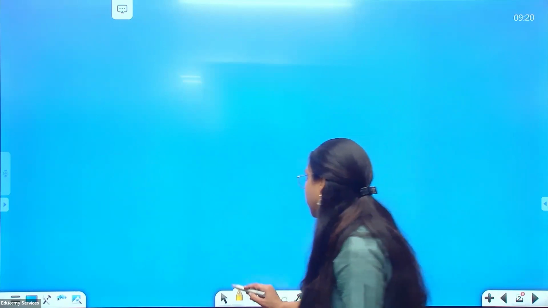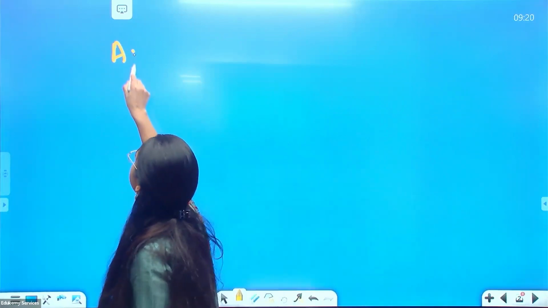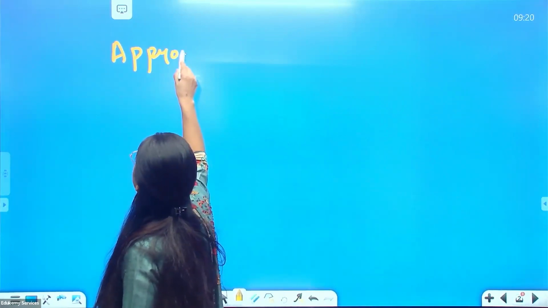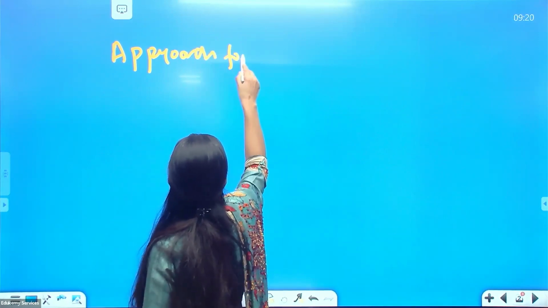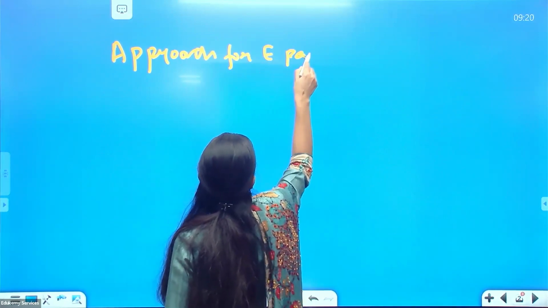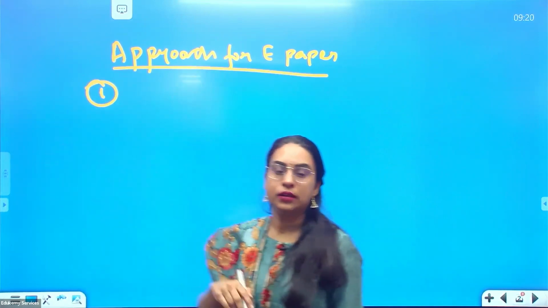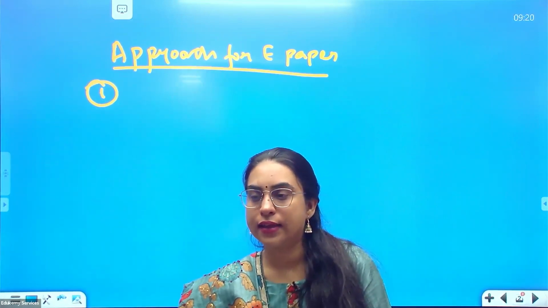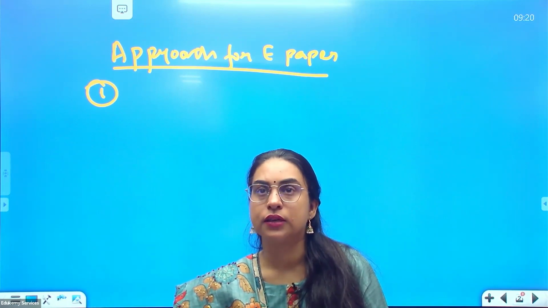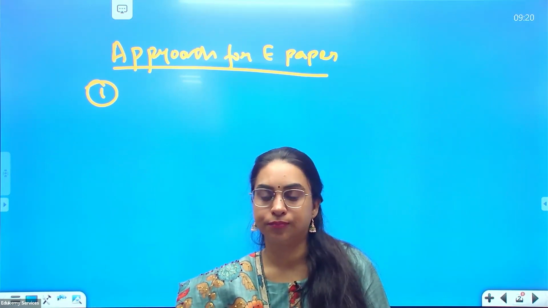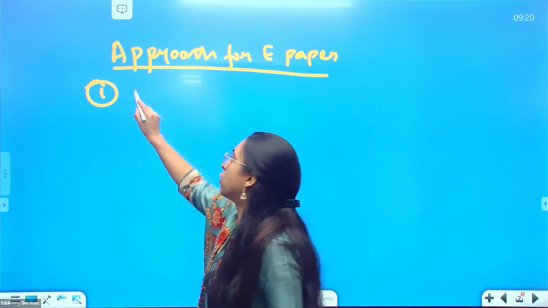Okay, fine. The heading is: approach for the ethics paper. First, the ethics paper is normative.